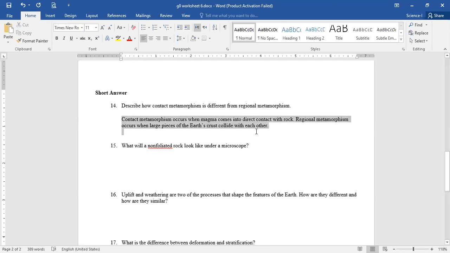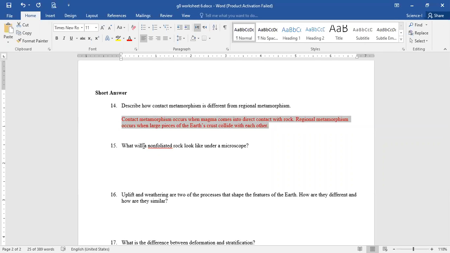So the words you said are completely true, Yusuf, and you can say it in many other ways. Some of you are going to say that direct metamorphism, or contact metamorphism, happens when magma changes the rocks they are in contact with, and it has a large effect compared to regional metamorphism.